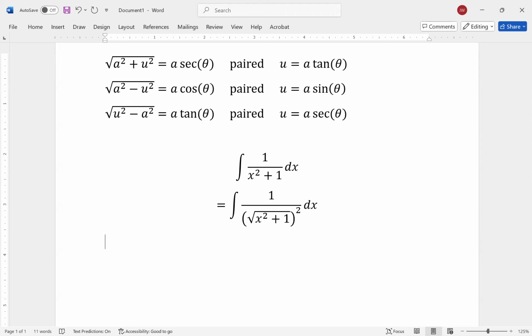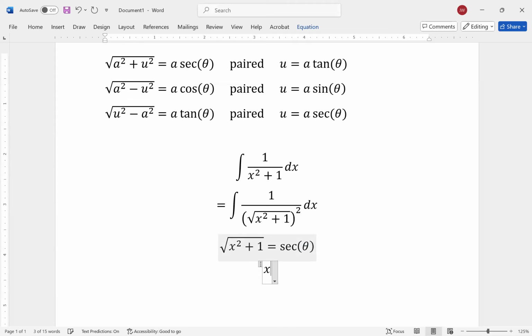Now I can use my trig substitution. So we have a plus in there. I'm going to let 1 times secant theta be that square root. So 1 secant theta is just the same thing as secant theta.